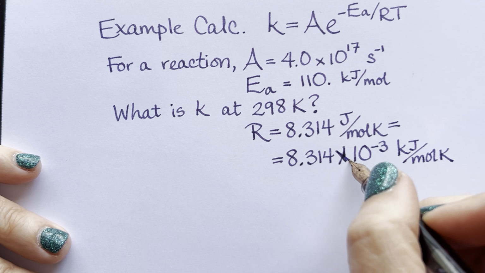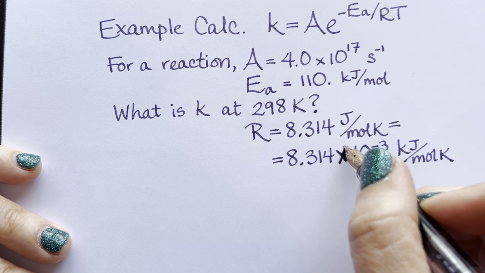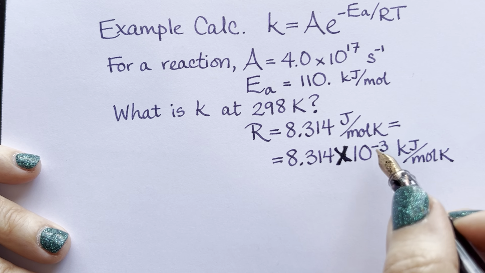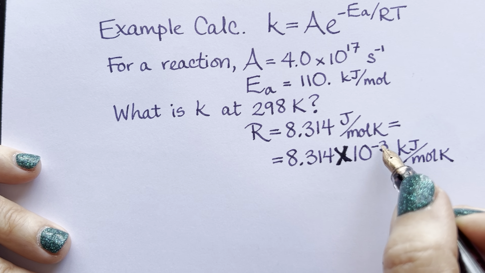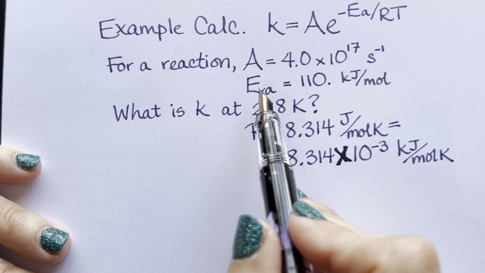So a lot of times I'll just acknowledge that in kilojoules per mole, we would multiply by 10 to the minus 3 to give those units, and then it will work out with activation energy.